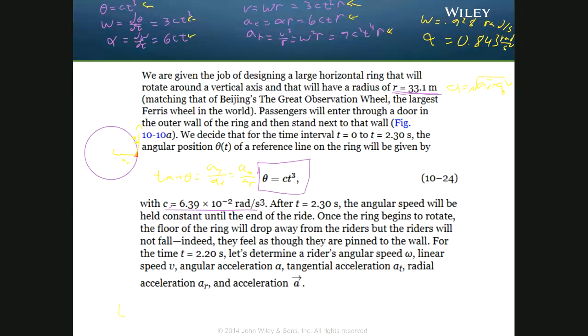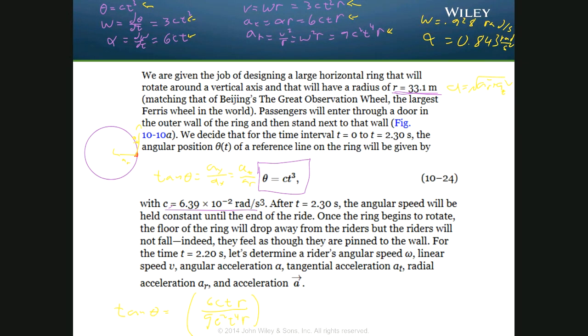So when we look at the tan theta function algebraically, that's going to be equal to, let's see, a_T we have as 6ctr, over the radial acceleration, over 9 c squared t to the 4th r, right?